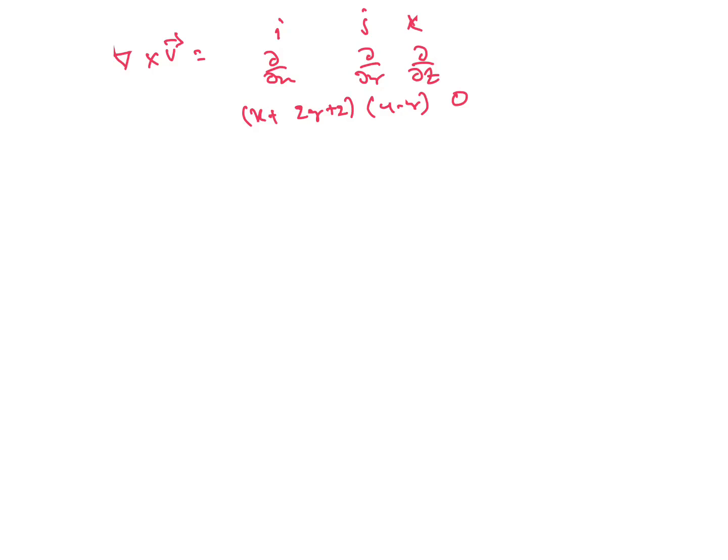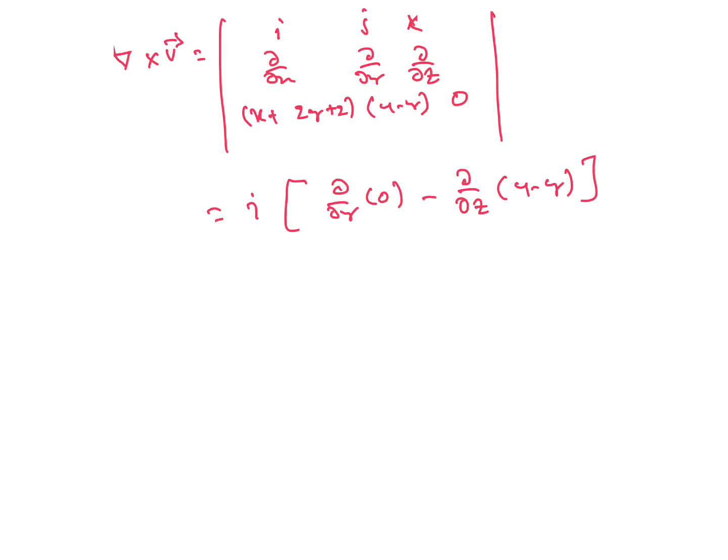So i cap into ∂/∂y of 0 minus ∂/∂z of (4 minus y), minus j cap into ∂/∂x of 0 minus ∂/∂z of (x plus 2y plus 2).